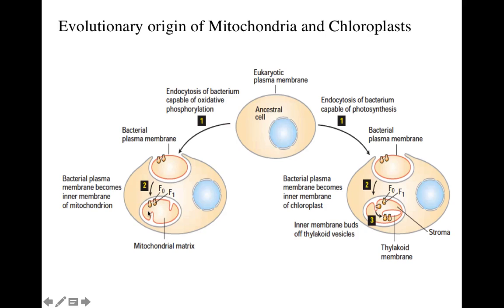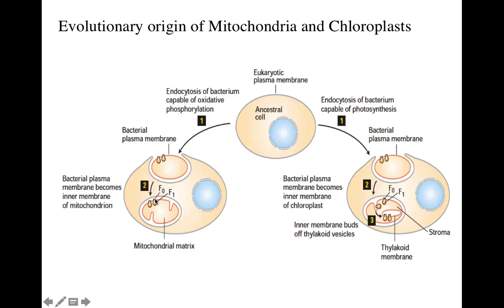So the internal membrane of the mitochondrion is basically the plasma membrane of the engulfed bacterium, while the outer membrane came from the plasma membrane of the eukaryotic cell that wrapped up this bacterial cell.